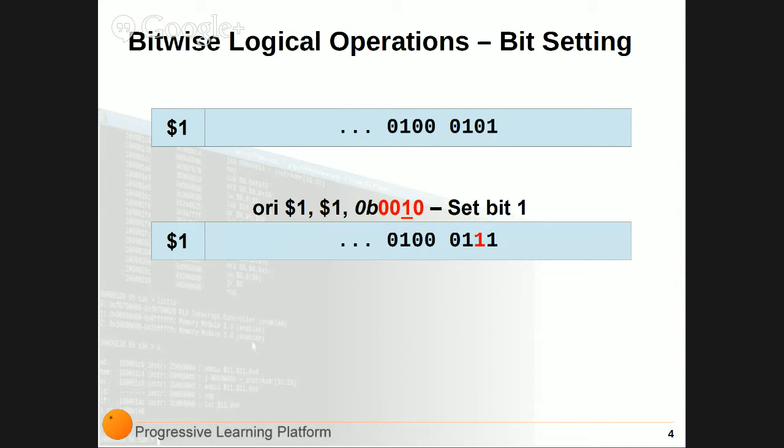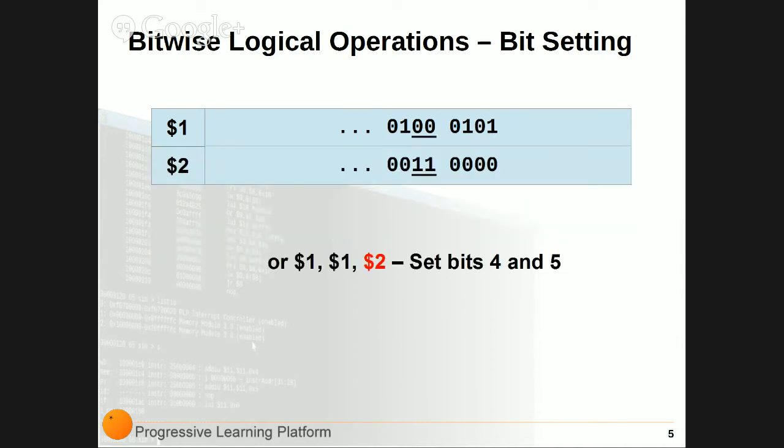Now, what if you want to do a logical operation between 2 registers? So this is the I type. You have the immediate value, the immediate literal. If you want to do an operation with 2 registers, you just use the OR instruction. Like almost all the other instructions, the first one is your target destination register. The next 2 are your sources.